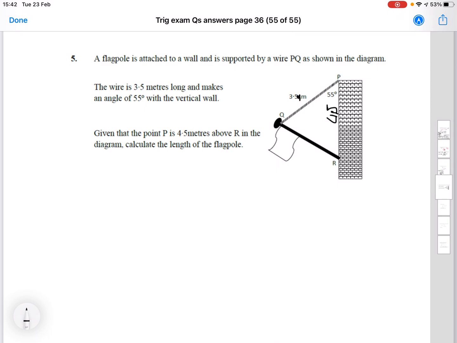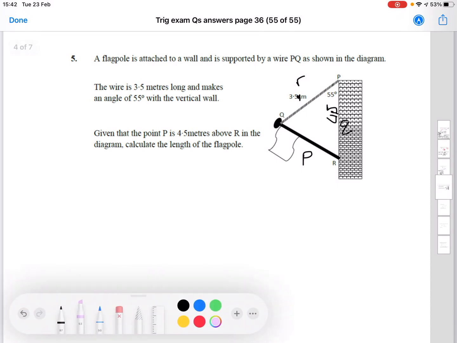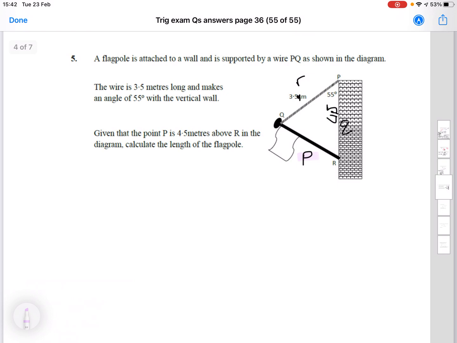In your triangle, you have your letters already, so we could start off by lettering the sides: small p, small q, small r. We're being asked to find the length of the flagpole, so we're being asked for side P. Again, for finding a length in a triangle, it's either going to be sine rule or cosine rule. If it was sine rule for finding a side, you would need another angle filled in there.